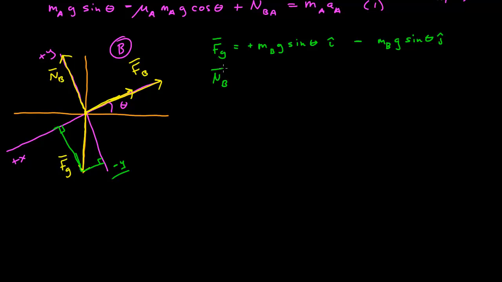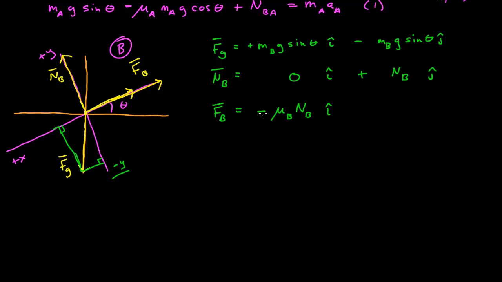So the normal force of the ground on B is again the normal force. The entire magnitude is along the positive y-axis, like before. Now the force of friction on B, the entire magnitude is the coefficient of friction on B times the normal force of the ground on B. That's in the i hat direction.